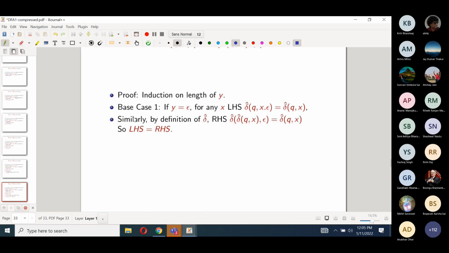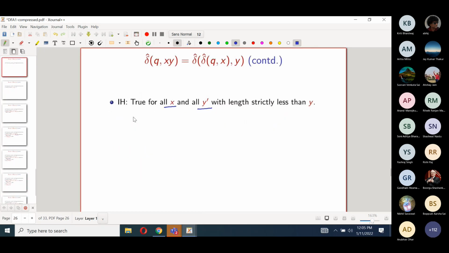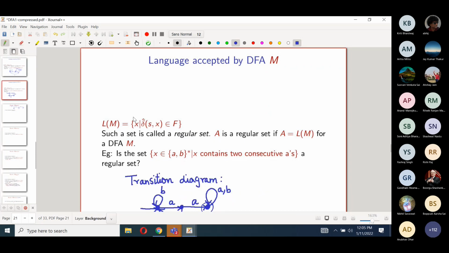I did not understand your question fully, but let me try and say it once more. You have a set, which is a subset of sigma star.